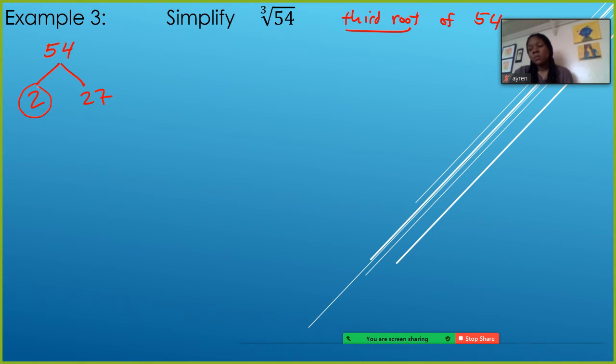I'm done with the 2. 27 I do recognize as I can divide that by 9. 9 goes into 27, so what do we get there? 3. So 9 times 3. And then a 9, of course, is 3 times 3.